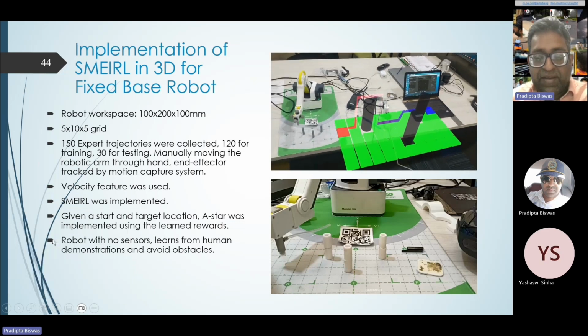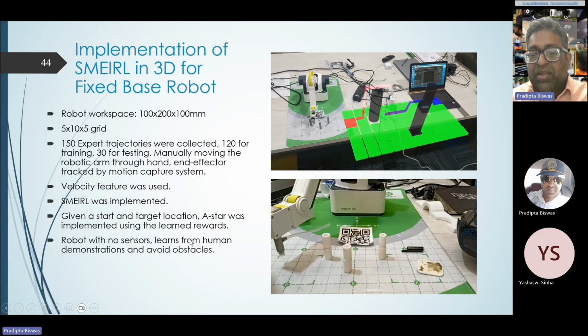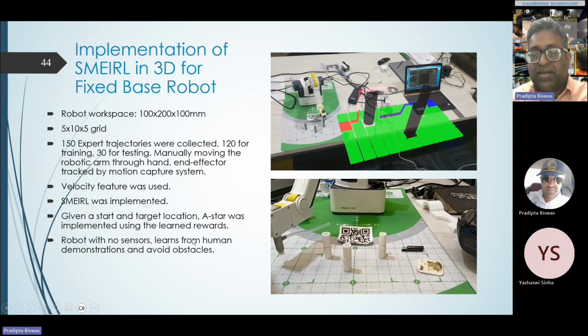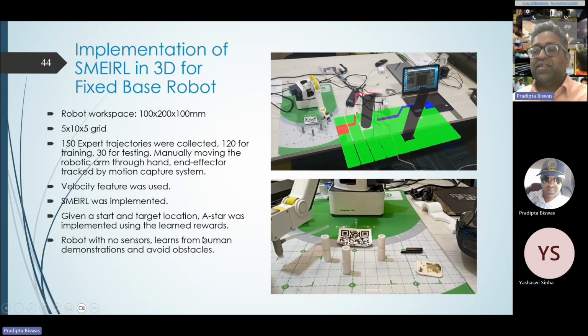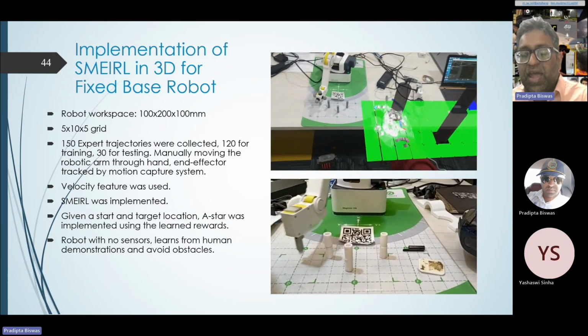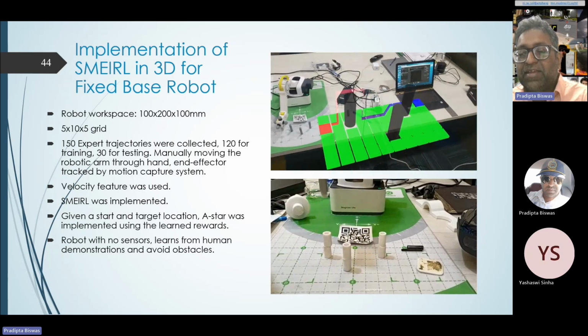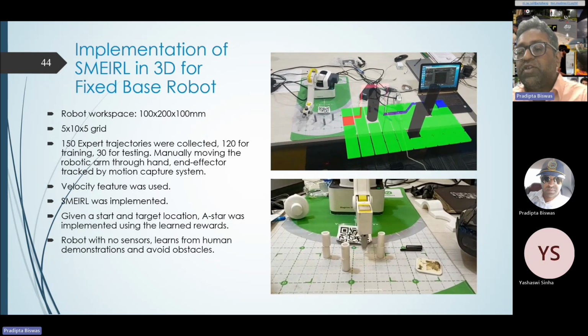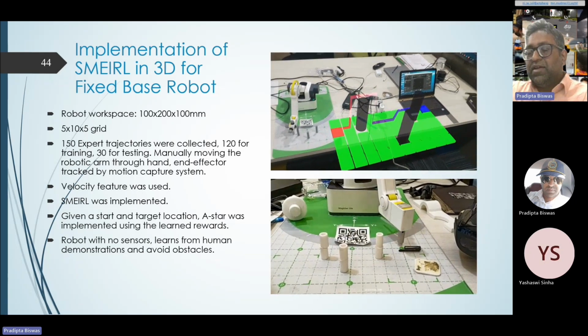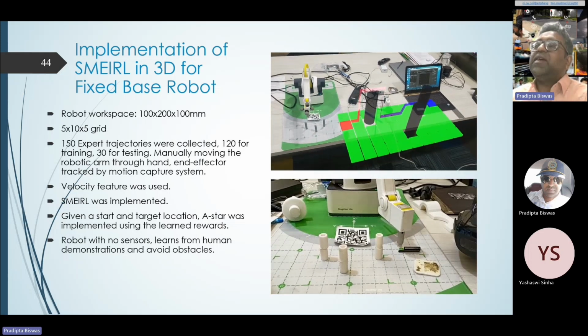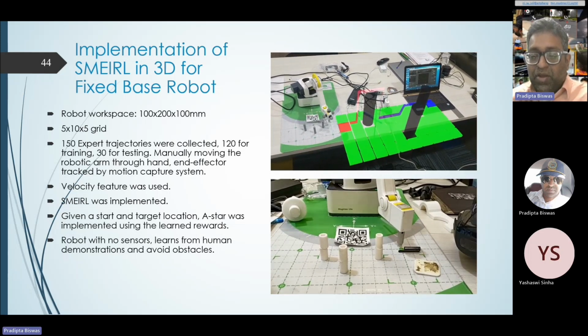We gave it samples using holograms, that is, some sample trajectories. From the sample trajectories, it learned the underlying reward distribution. And then when we replaced these holograms with physical sticks, it actually retained this knowledge and it is not hitting those physical ones.